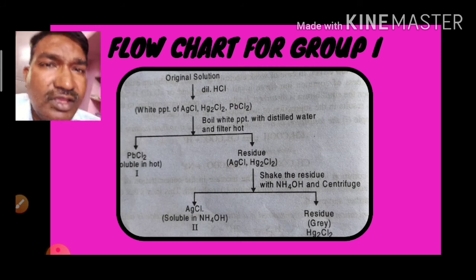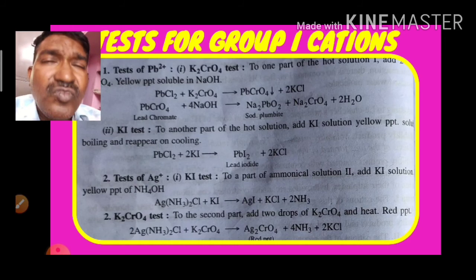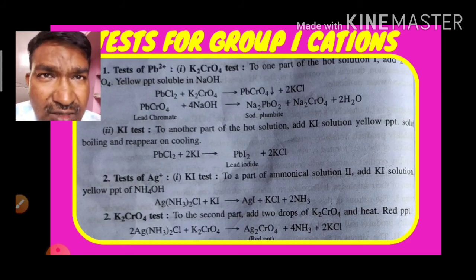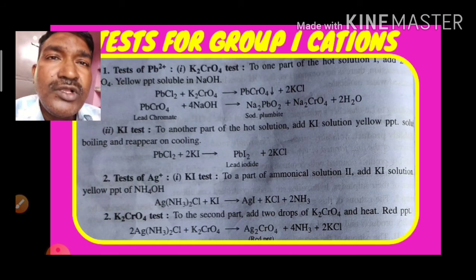Now we go for the confirmation test of the lead ions. Here lead and silver are both confirmed by using potassium chromate and potassium iodide solutions.